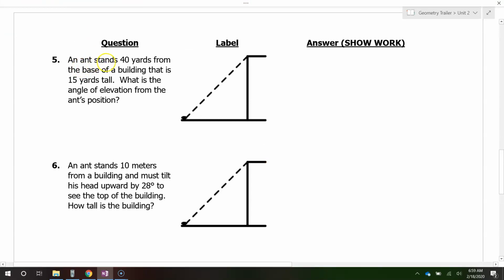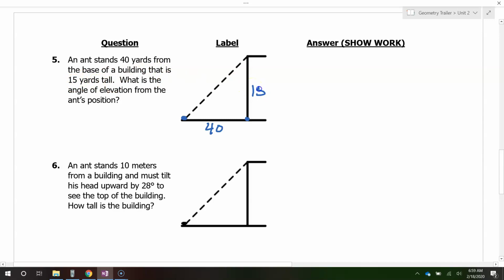An ant stands 40 yards from the base of a building. So here's the ant, and here's the base of a building. So this 40 yards means that they are 40 yards apart. So that tells me that the 40 goes right here. A building that is 15 yards tall.